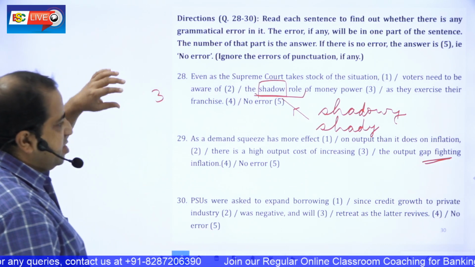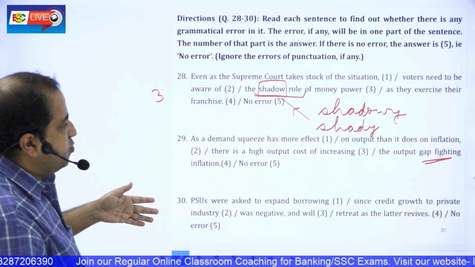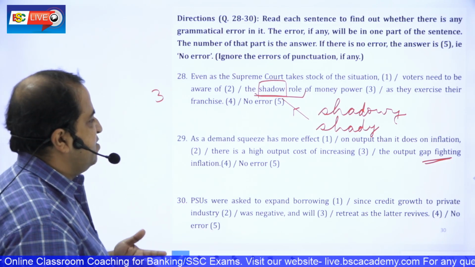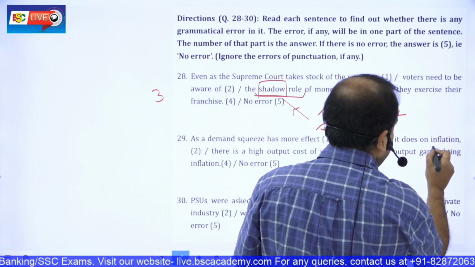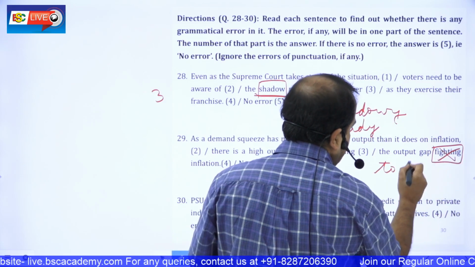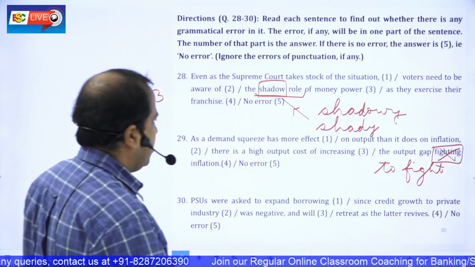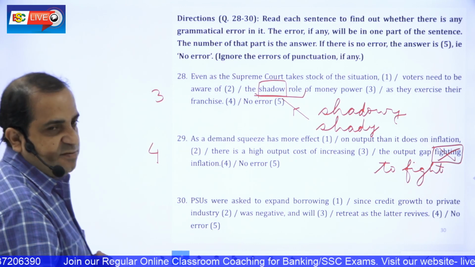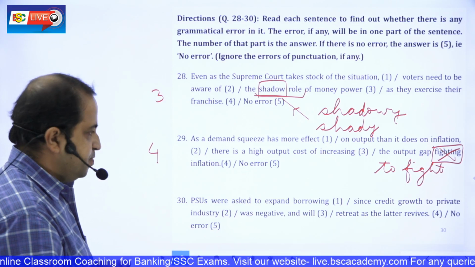As a demand squeeze has more effect on output than it does on inflation, there is a high output cost of increasing the output gap to fight inflation. So this fighting becomes what? इसकी जगह आ जाता है to fight. तो कहाँ पे problem है? Problem 4 में. And then you have, now we are coming to the last question, question number 30.